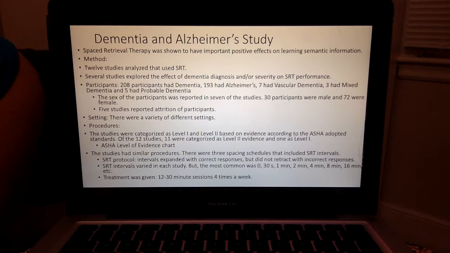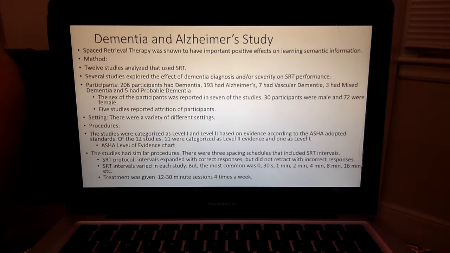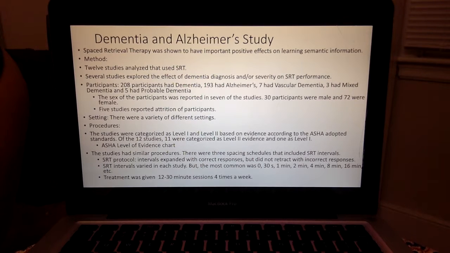So another study that we did on dementia and Alzheimer's was based on positive effects on learning semantic information. The study analyzed 12 studies, and several of them were on the effects of dementia diagnosis and severity on the performance of spaced retrieval therapy in the participants.